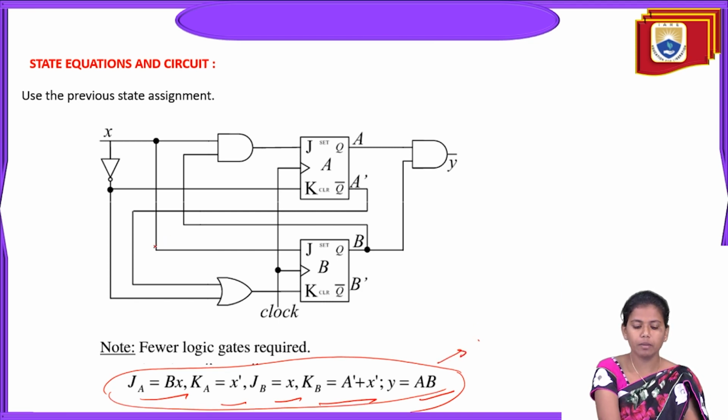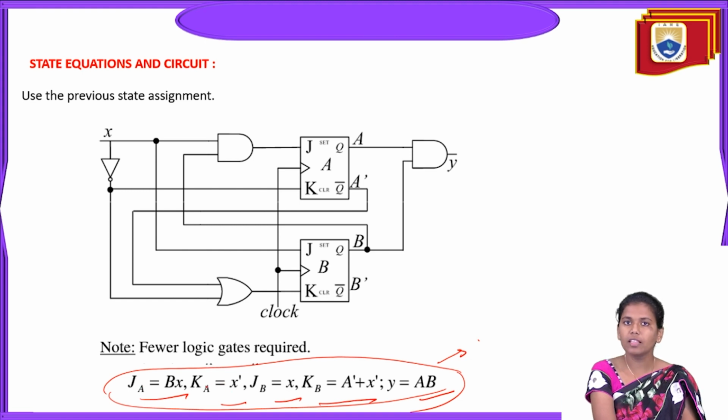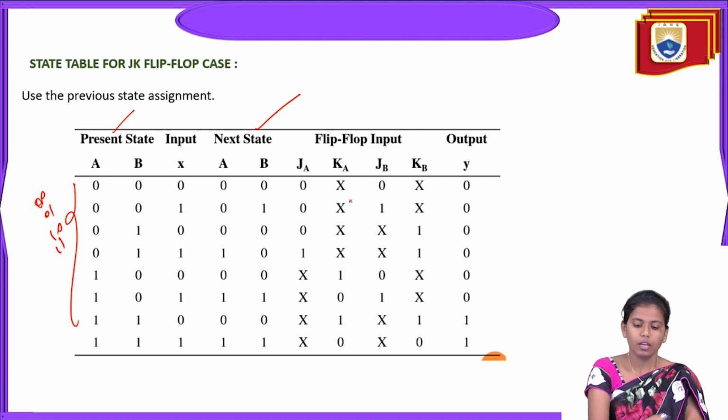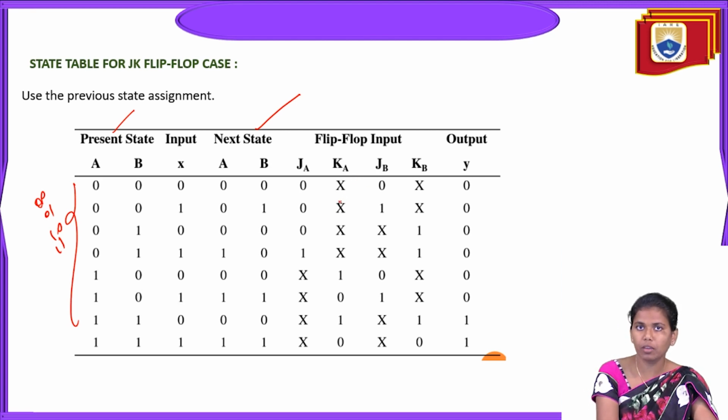This is a circuit diagram based on the expressions, and these equations we got from the Karnaugh maps, that is state tables. These are the state tables, and these state tables are easy to understand as we are making use of the flip-flop here, JK flip-flop. And for example, if you are considering any toggle flip-flop as well, you can make use of the toggle flip-flop here with the combinations 0 0, 0 1, 1 0 and 1 1.